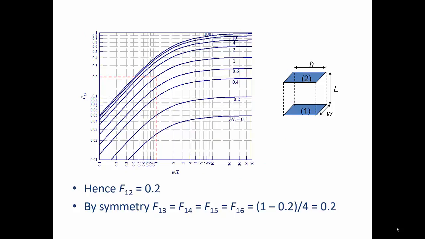I can work out the shape factor for any of the pairs of opposing sides very simply, because we have already seen the shape factor graph for that case, and I've done that here for F12. You'll see from the graph that this gives a value of F12 of 0.2, and by symmetry, all of the other shape factors in this particular problem are going to work out as 0.2.